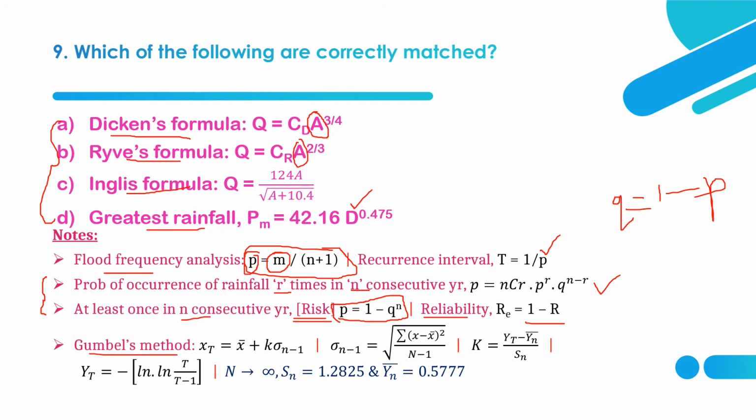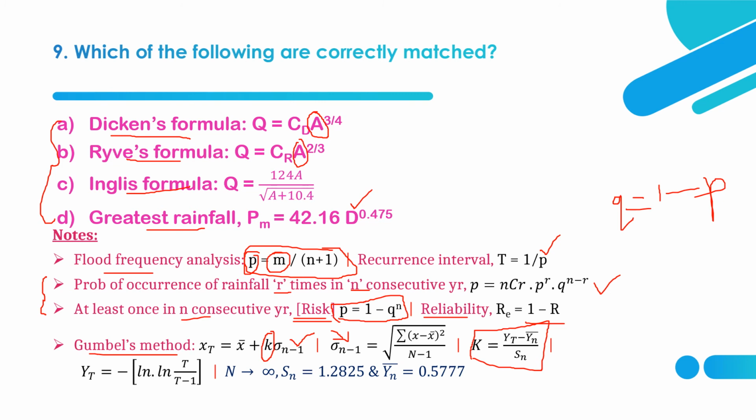And this is called Gumbel's method regarding flood discharge value. xt is equal to x bar plus k sigma n minus 1. Sigma n minus 1 is the standard deviation, given by the formula: root of summation of x minus x bar the whole square divided by n minus 1. Squaring it, we will get the variance. K is given by yt minus yn bar divided by sn.